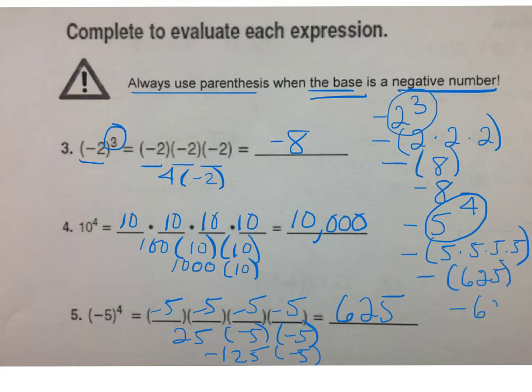We get negative 625. Notice in this case, the sign was the opposite of what it was the first time. So if the exponent is odd, it's really not going to make a difference if you put those parentheses around your base. But if the exponent is even, like in example 5, it does make a difference.